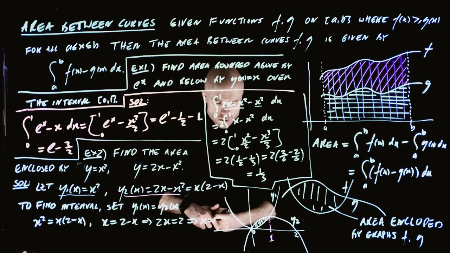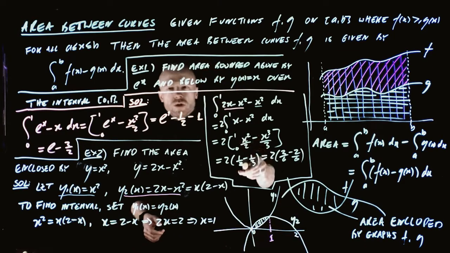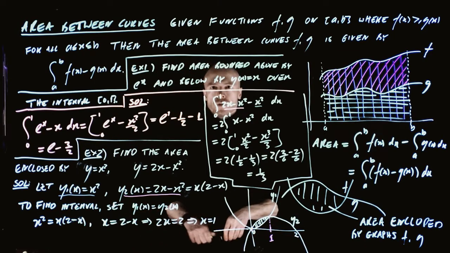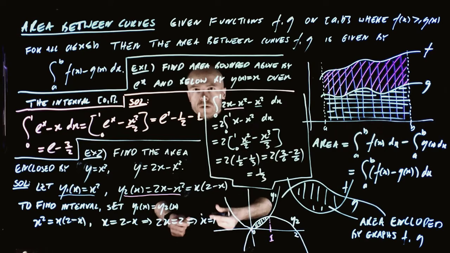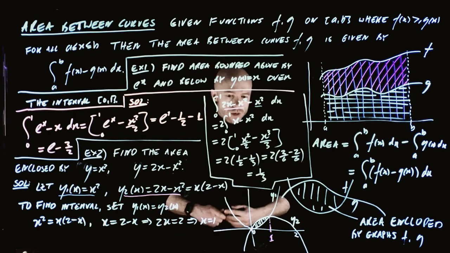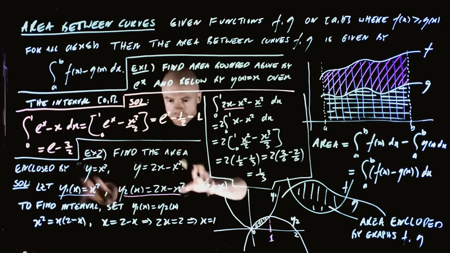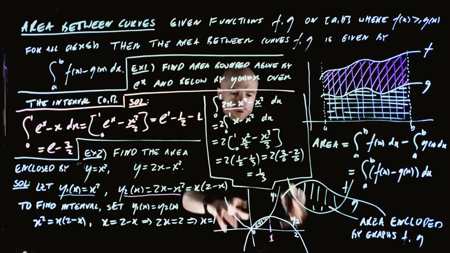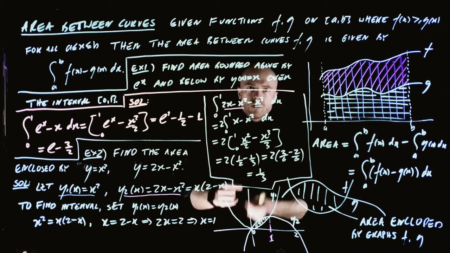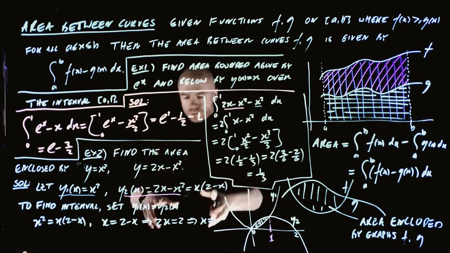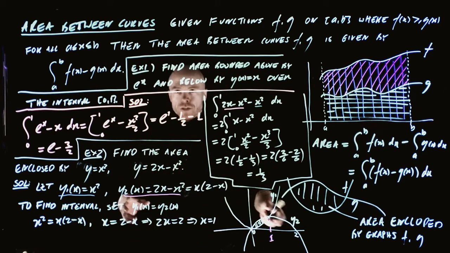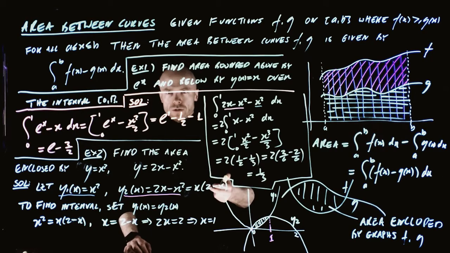Then we just carry out the integral. From this point onwards, it's just doing a standard integration, right? So it's all stuff you know how to do, based on what we've learned already. So the new stuff is reading this thing, translating it into a picture, reading off from the picture what we have to do, finding out the interval we have to integrate over, and then just doing the integration.